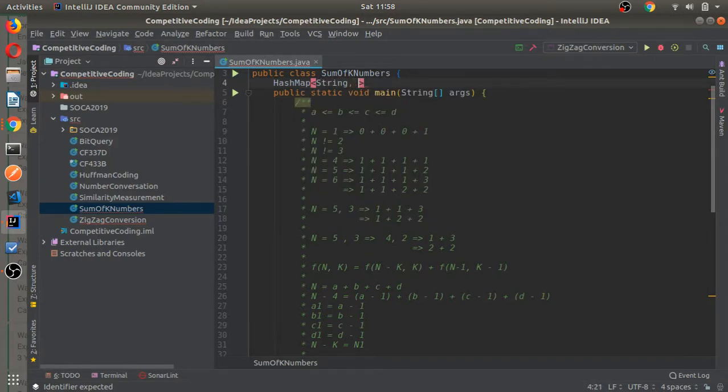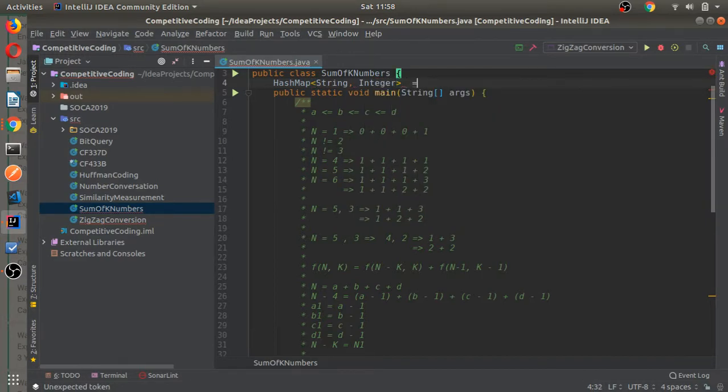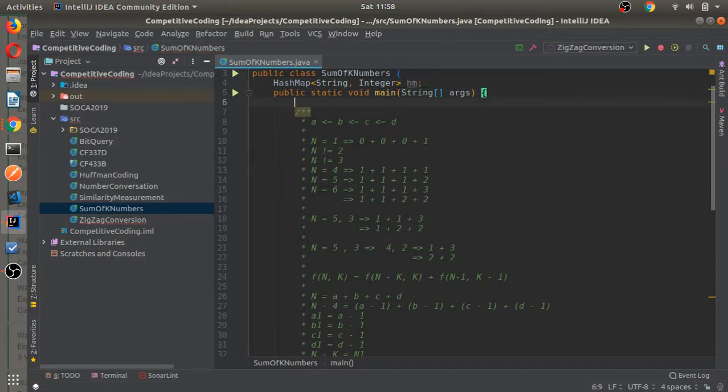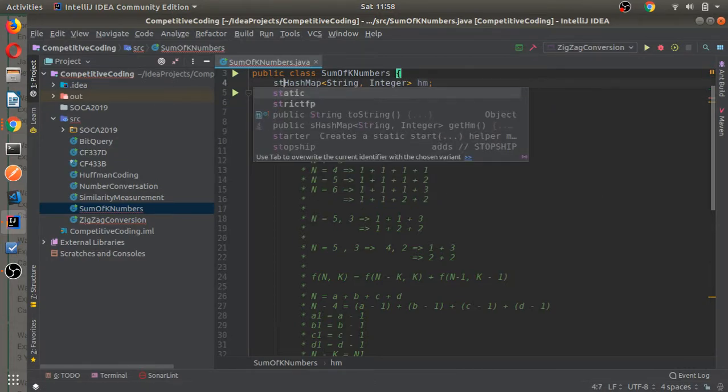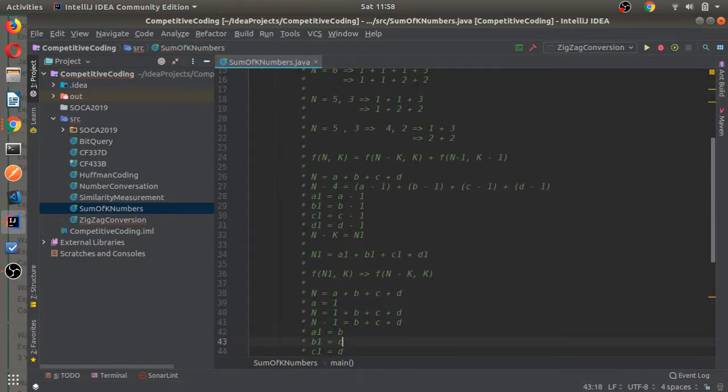So string and integer, hm is equal to new hash map, but this has to be static, otherwise you cannot reference it.